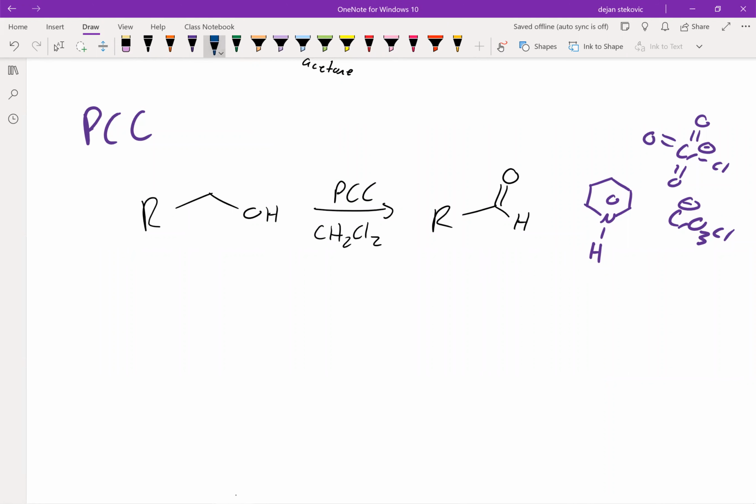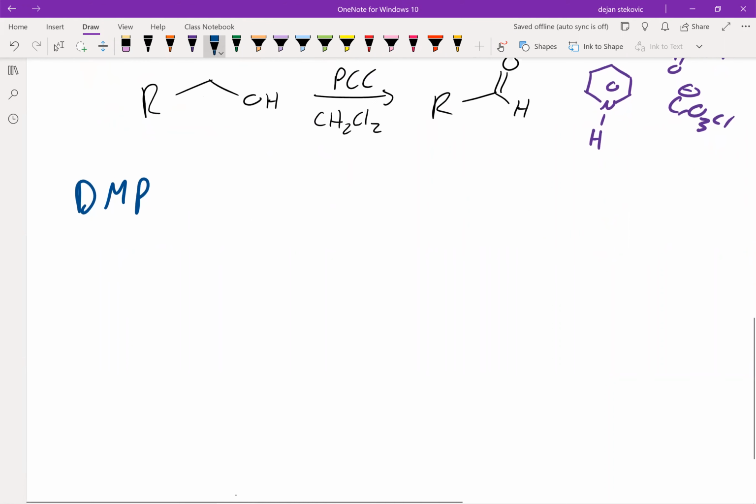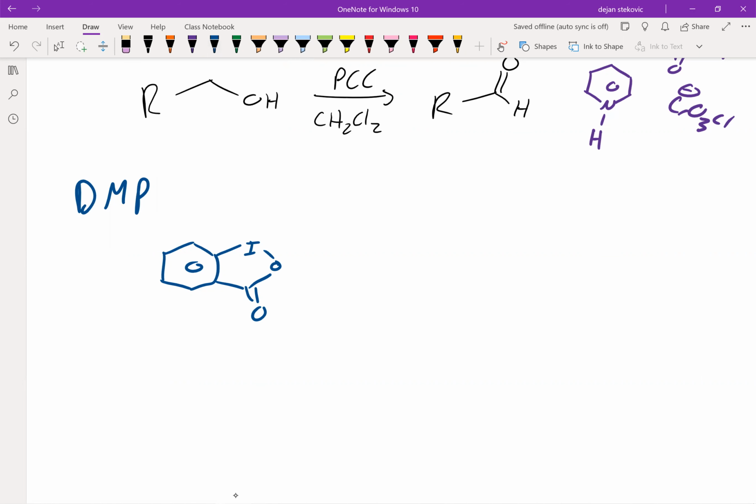There are other reagents you can use as well. DMP, this stands for Dess-Martin periodinane. Not really sure how to pronounce that. This is another really pretty complex looking compound. So in this case, we have an iodine right here. And this iodine is attached to 3 acetates.